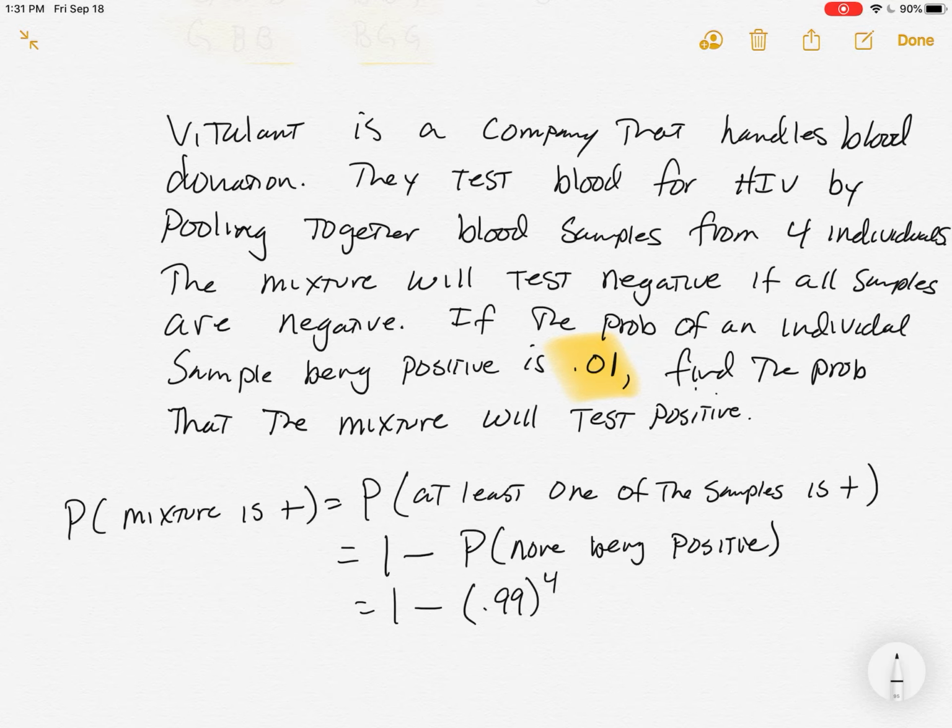And if you look at 1 minus 0.99 to the fourth, we get this, 0.0394. So only about 4% of the time are they going to have to stop and test everybody's blood, because what's happening is 96% of the time, right, because we're almost to 4%, the mixtures are testing negative, and it clears all four samples.